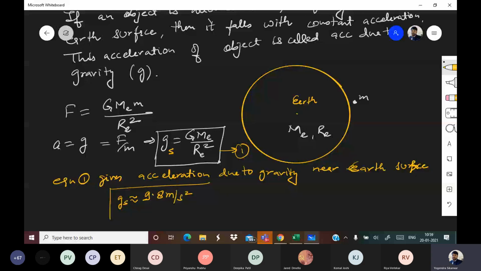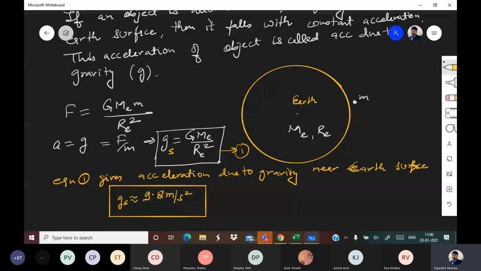So acceleration due to gravity near Earth's surface is 9.8 meter per second square. You all must be knowing that, but it is my responsibility to introduce you to all these things formally. That's why I am doing this. So g_s is 9.8 meters per second square.